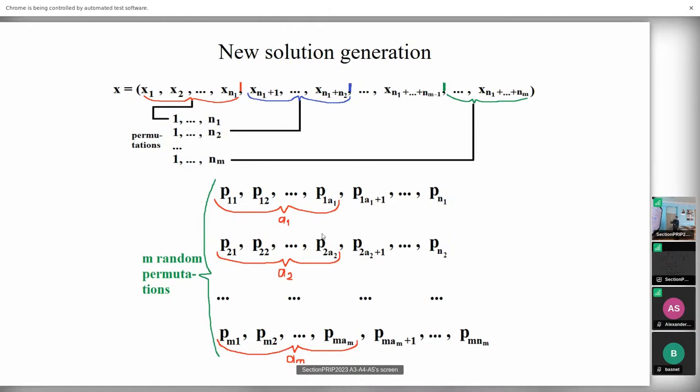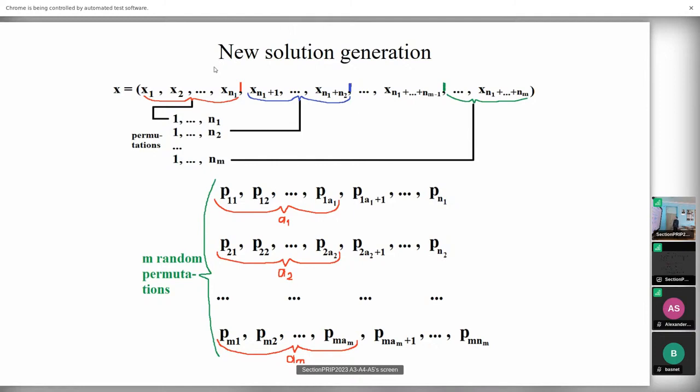For example, the first group will be the weights of a single layer of a network, and the second group will be, for example, the parameters of neurons in a single layer. So they are connected semantically to each other. That was an example. Then we generate permutations for each group of parameters.